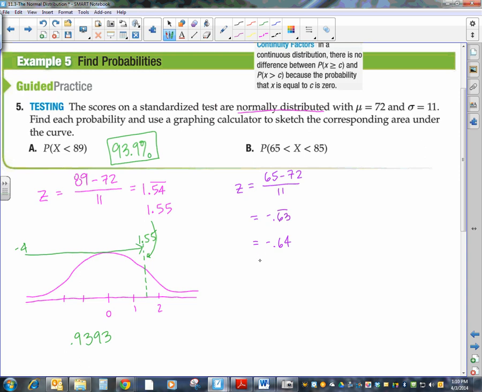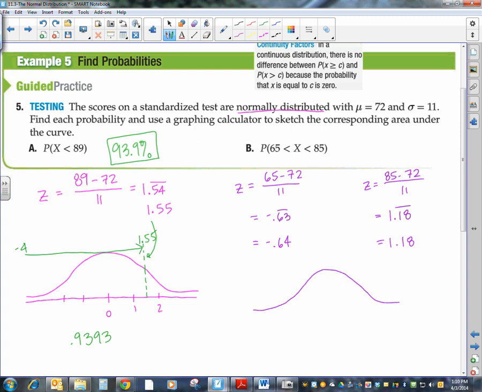And then the other one is going to be 85 minus 72 over 11, and that's going to be 1.18 repeating. On your z chart, that of course would be just 1.18.